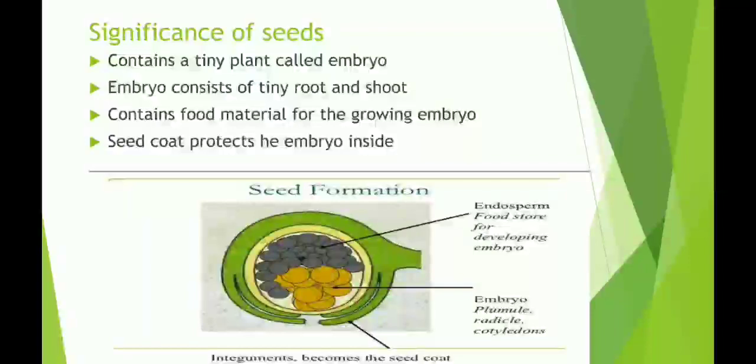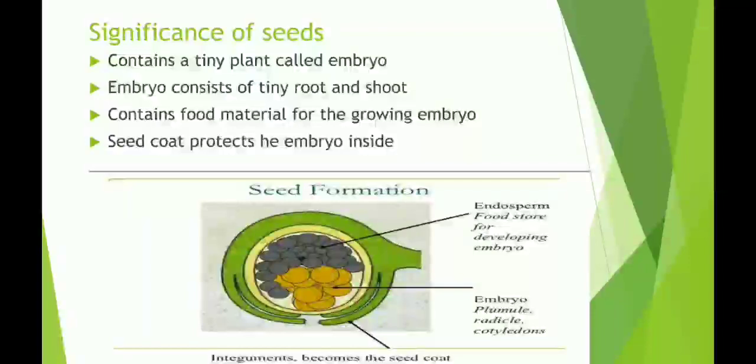And the last one is the significance of seeds. Yes, the seeds are important. Why is it so? Because seeds have an embryo. It has a baby plant inside, with a tiny shoot and a tiny root. The third one is that it contains food material for the growing embryo. So it has endosperm, and sometimes cotyledon also.